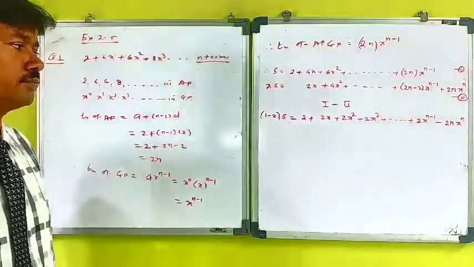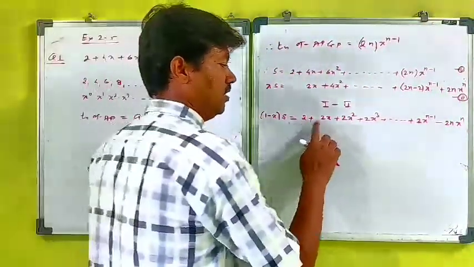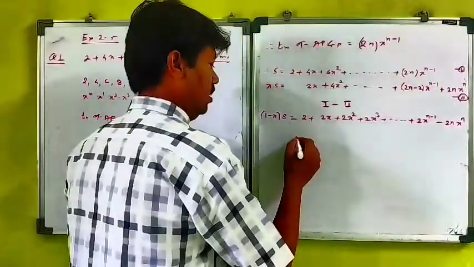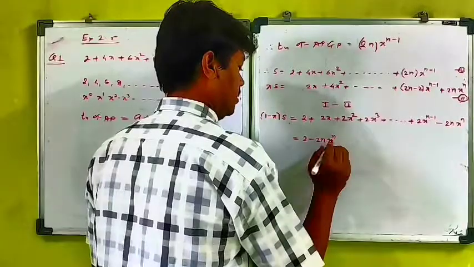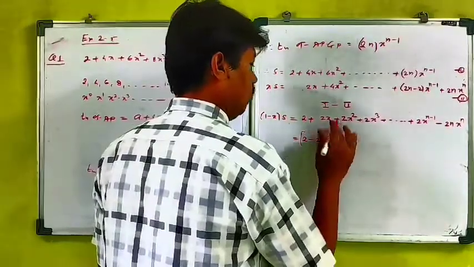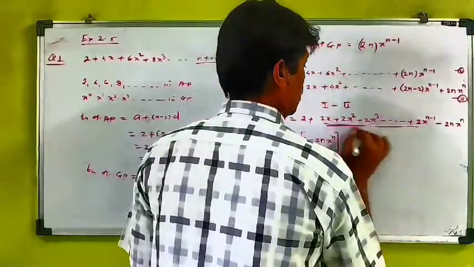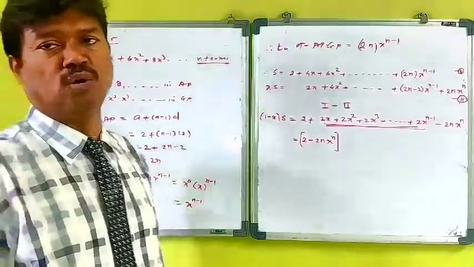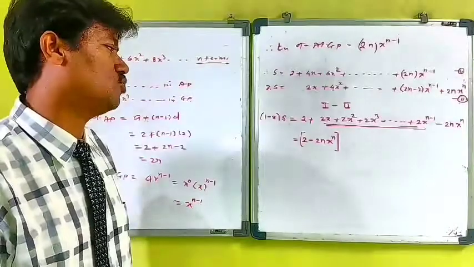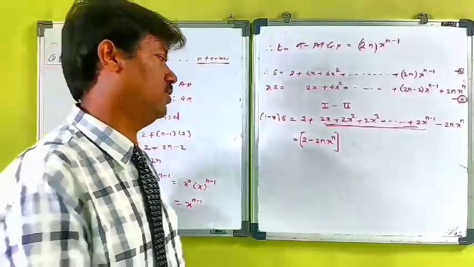Now this and this we can take together. So it is 2 minus 2n x to the power n, like this. This is one bracket. And what about this? It is a GP, geometric progression with n minus 1 terms, with x as the common ratio.